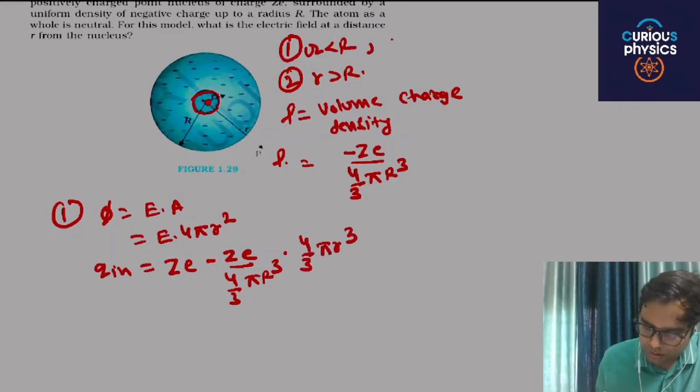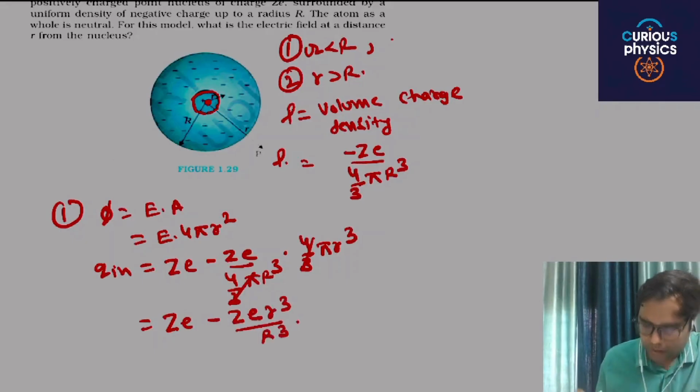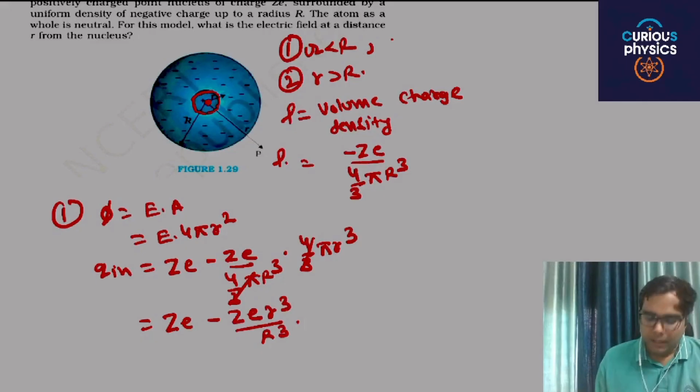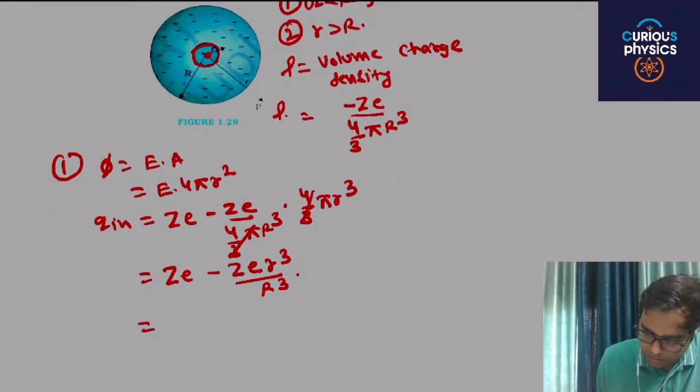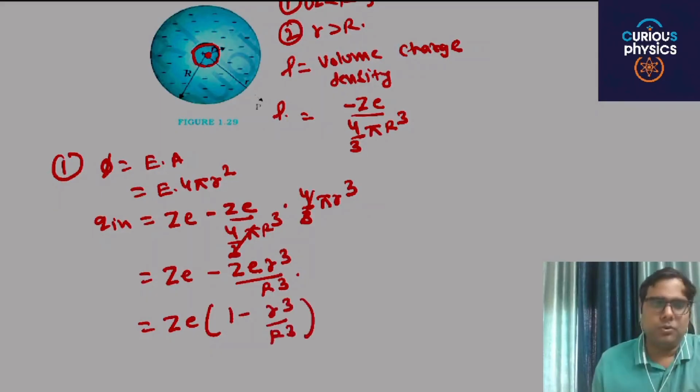4 by 3 will cancel. Then this is Ze minus Ze r cube divided by R cube. Are you getting my point? And Ze is common: Ze into 1 minus r cube by R cube.